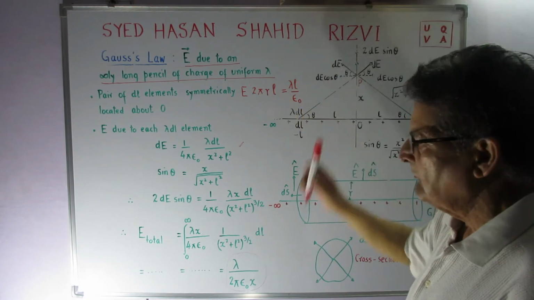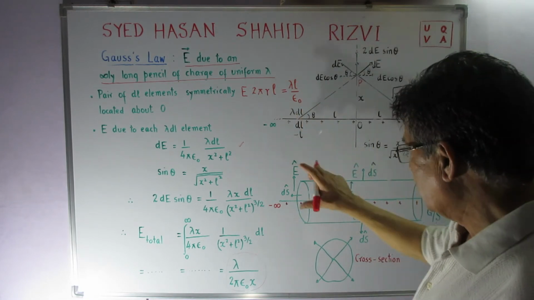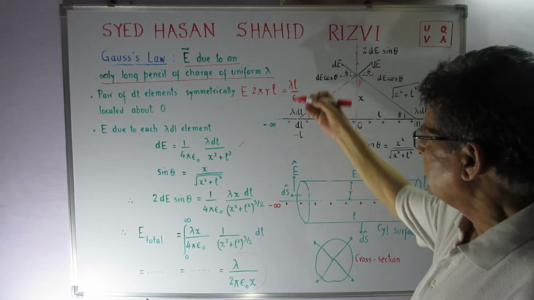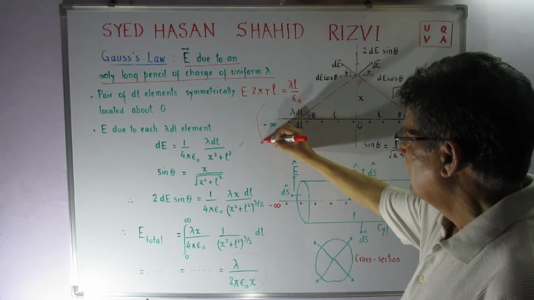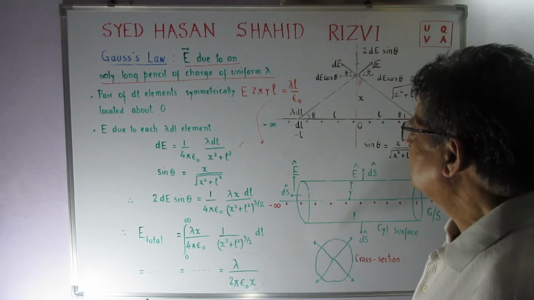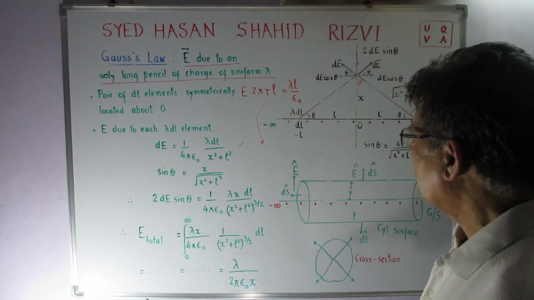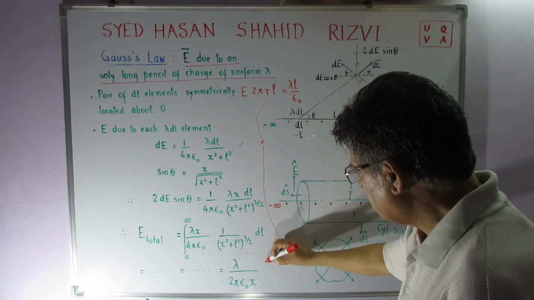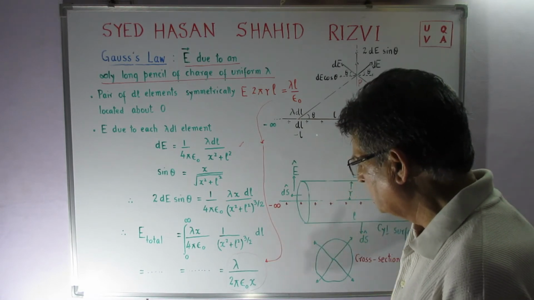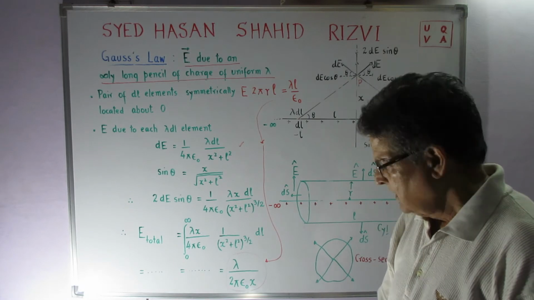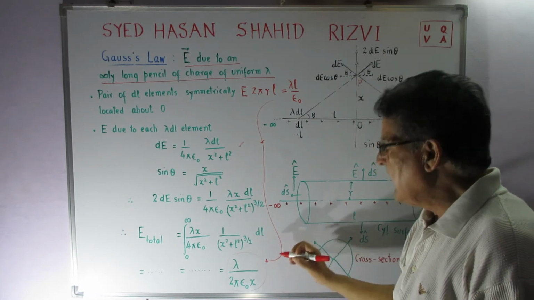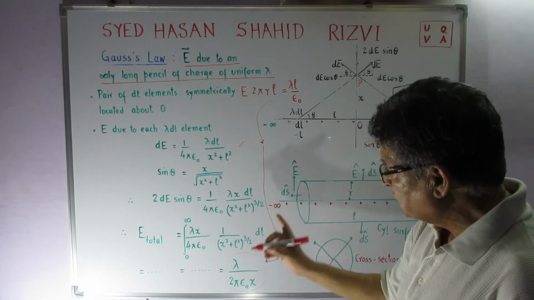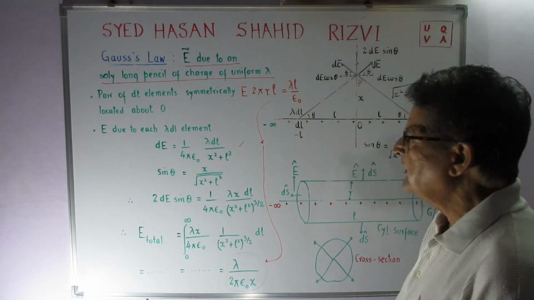That L and L will cancel out, which means the length of the cylindrical Gaussian surface that we are taking is immaterial, and therefore we get the value of E equal to lambda upon 2 pi epsilon naught r. This is the same as what I told you earlier with x; they are one and the same thing, but I am distinguishing it so that you understand it properly.